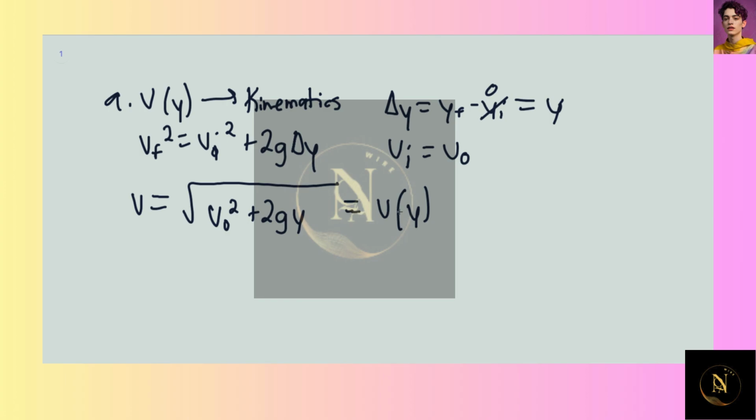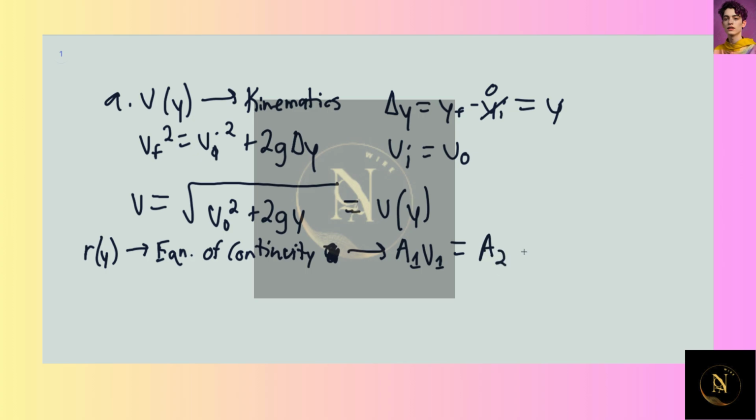So you have a function for velocity in terms of y, and now they're saying find a function for radius in terms of y using the equation of continuity. The equation of continuity simply states that the cross-sectional area of the pipe times the velocity through that section equals the cross-sectional area of the second section times the velocity through that second section.